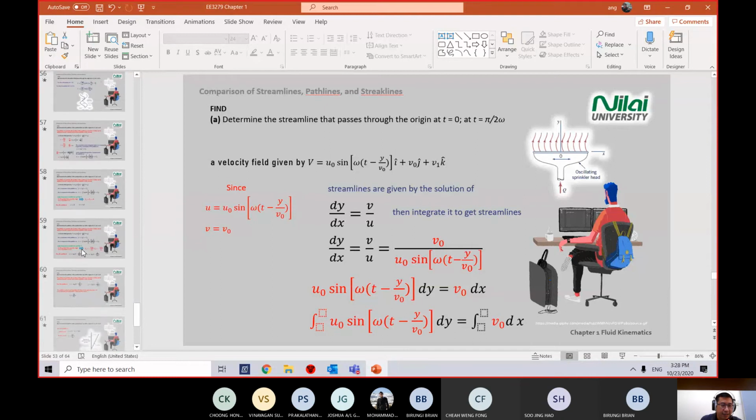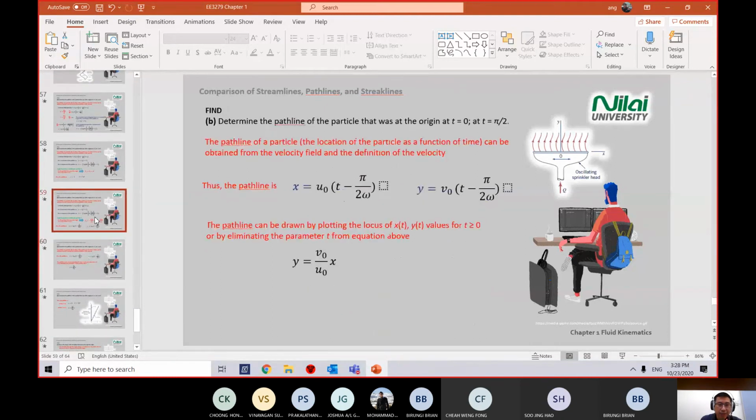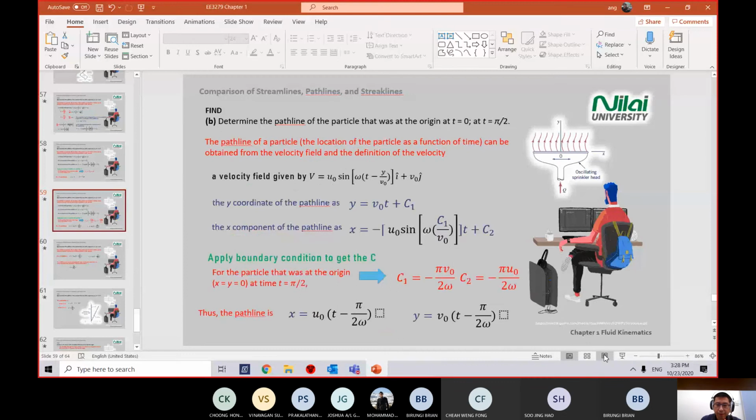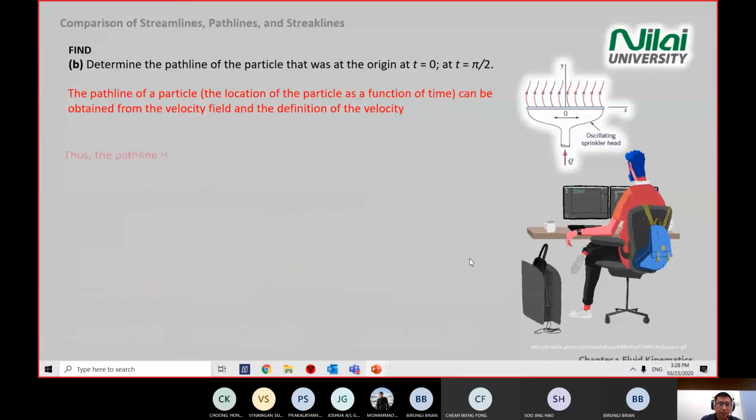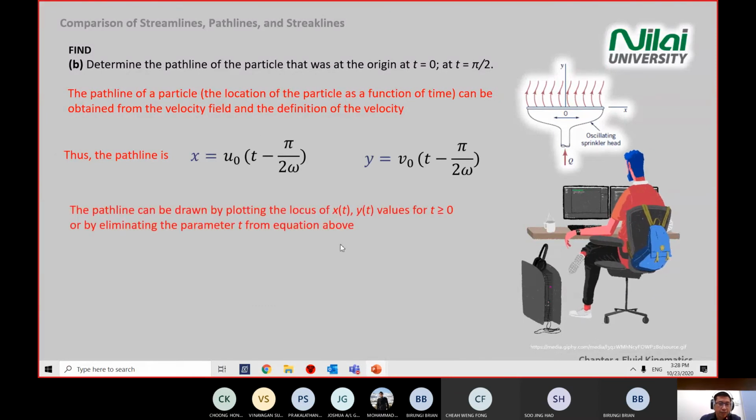Okay, we looked at the path line just now. So we have two equations just now. Two equations. So the path line can be drawn like this.